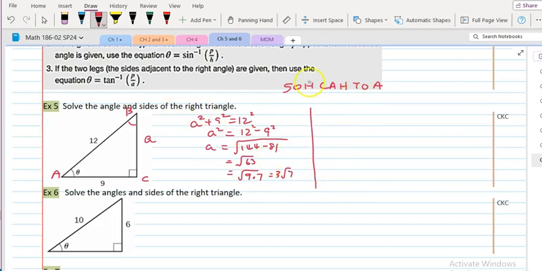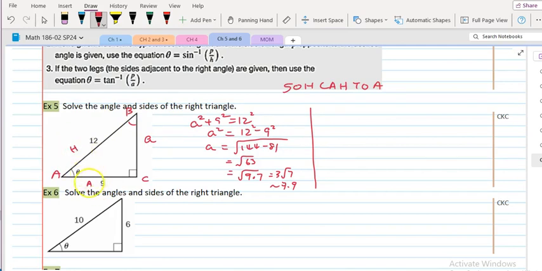3 root 7, the approximate value is 7.9. So it is the shorter side. And then we would need to do angle A, right? Relative to angle A, 12 and 9 are hypotenuse and adjacent.